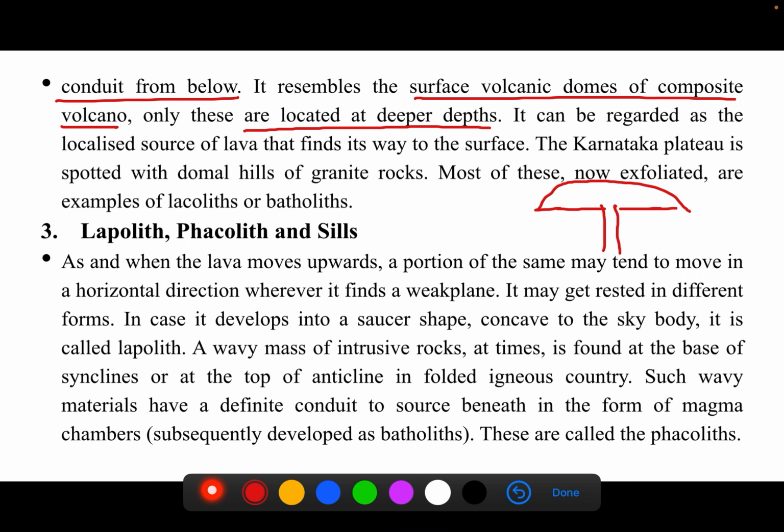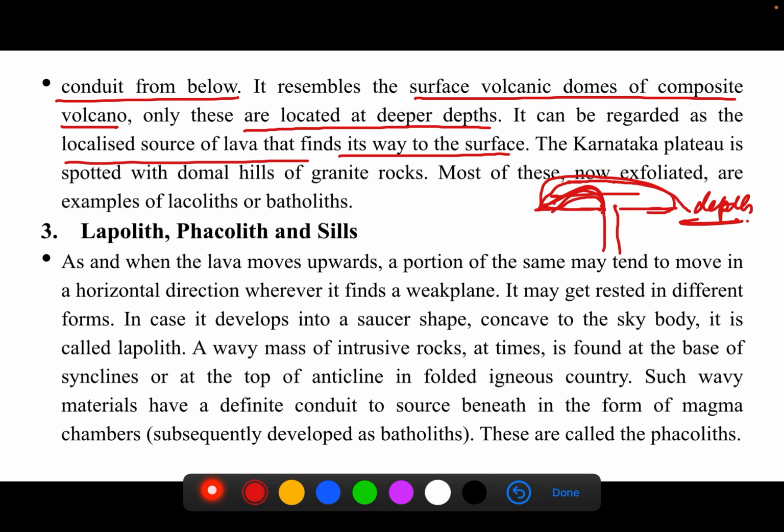What is a composite volcano? We have already seen that, a series of volcanoes, volcanic lava being solidified to form the composite volcano. These are also like composite volcano, but the difference is that these are present at great depth inside the crust. It can be regarded as a localized source of lava that finds its way to the surface, right?